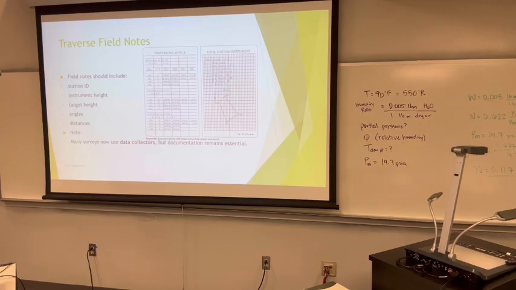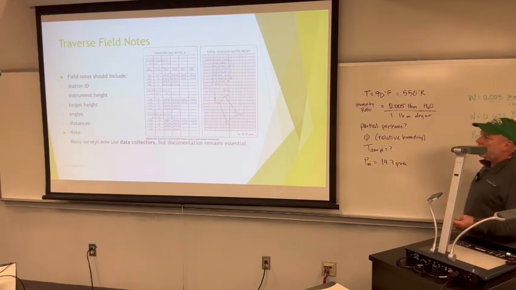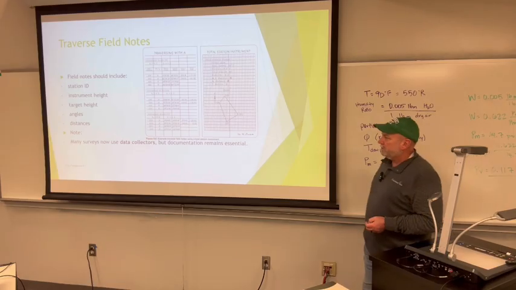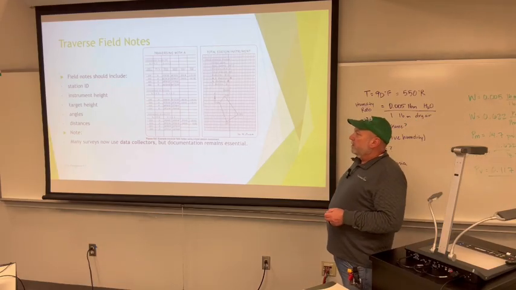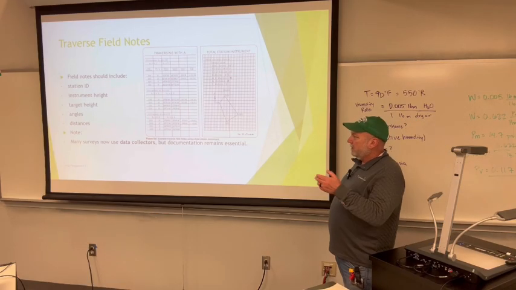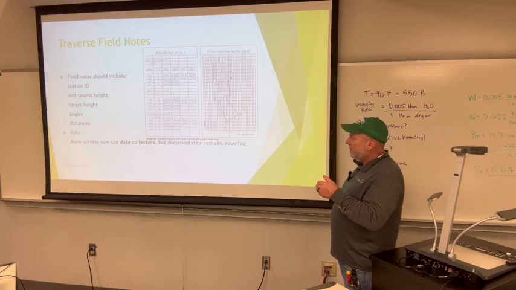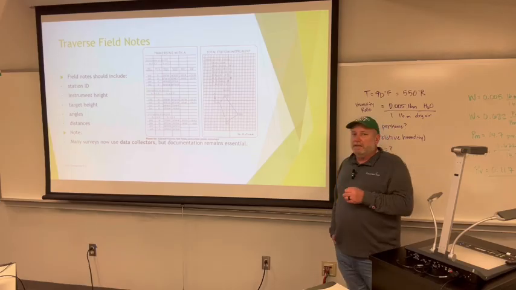I did pull this one right out of the book. Field notes should include the station ID, so probably going to have a point number assigned to this, the instrument height, the target height, the angles you're turning, the distances you're measuring. Nowadays, we use data collectors, but documentation still remains essential.